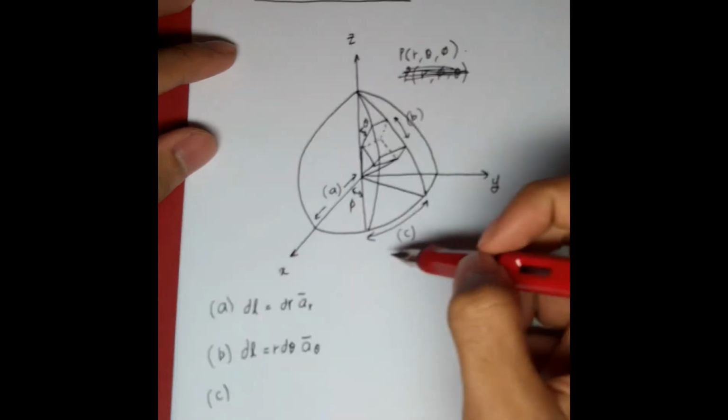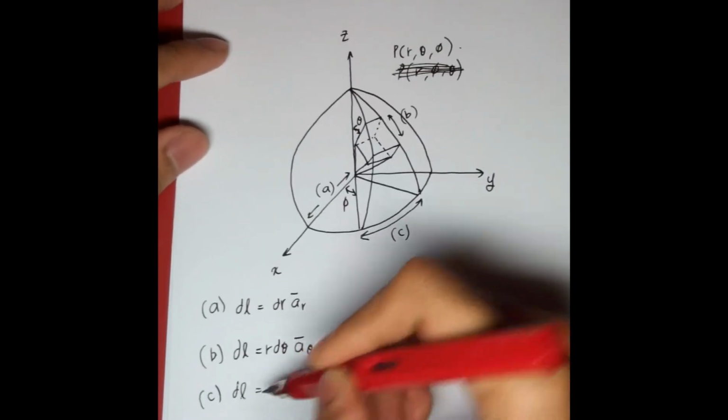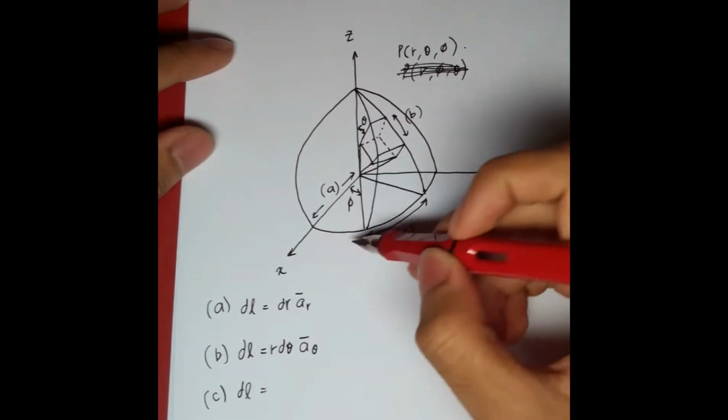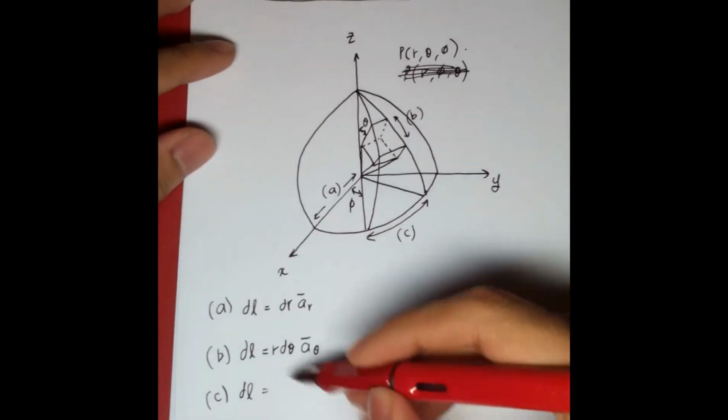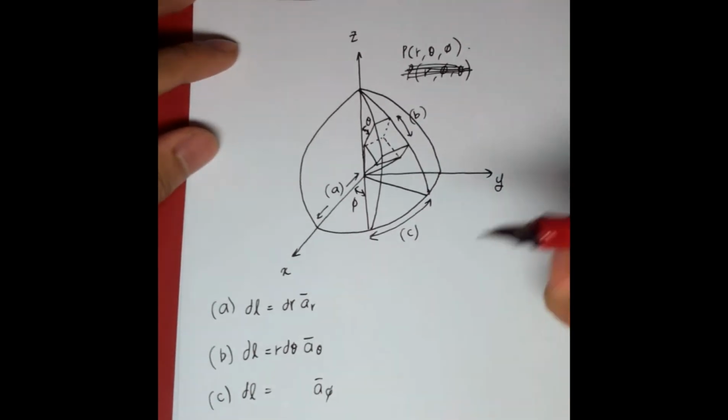Now for differential length of C, we can see that it is in the direction of phi, therefore the unit vector is a phi.